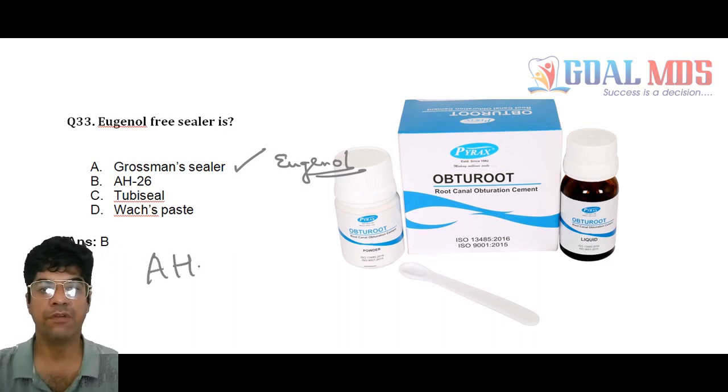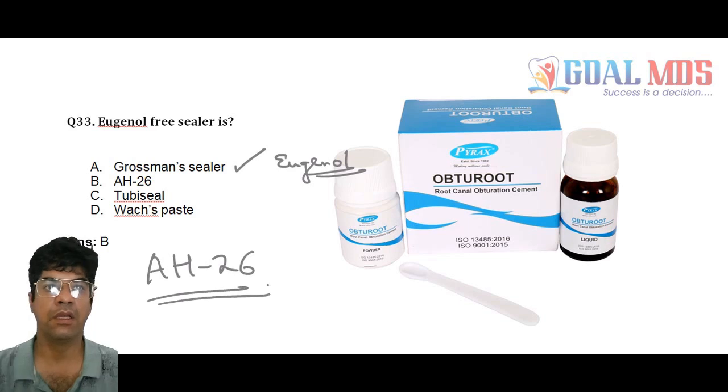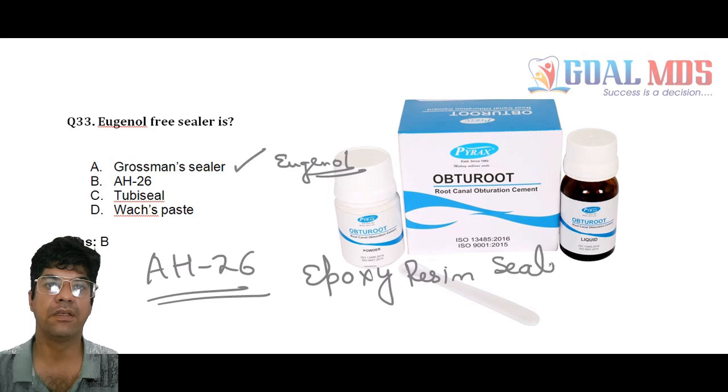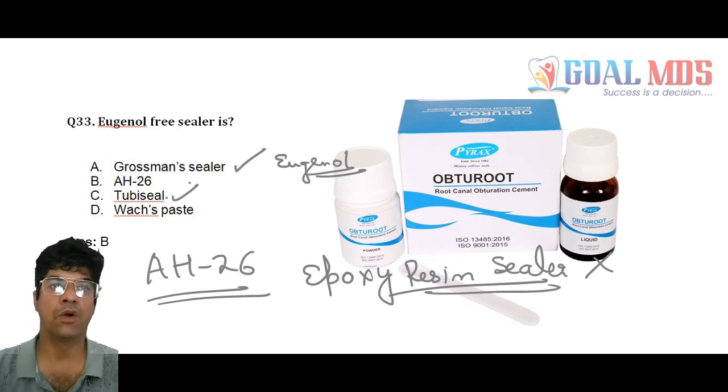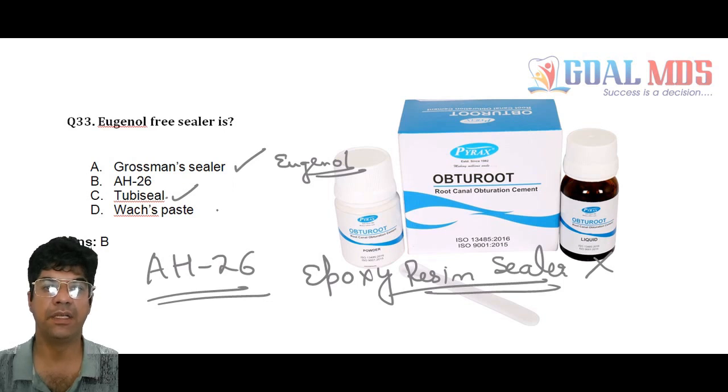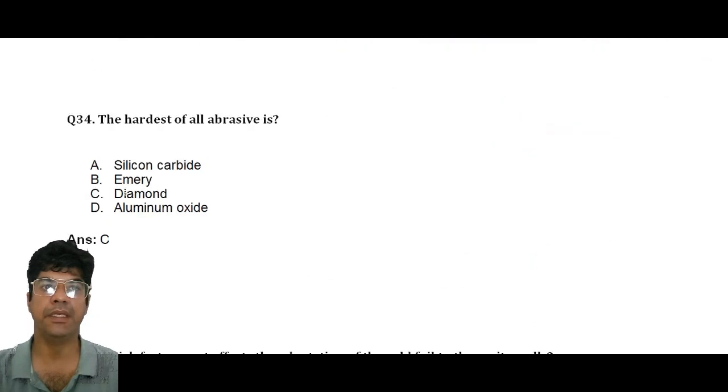It is eugenol free, as it is an epoxy resin sealer, so it will not contain eugenol. Option C, Tubliseal, is a zinc oxide eugenol based sealer. Option D, Wach's paste, is also a zinc oxide eugenol based sealer. So your answer is B.